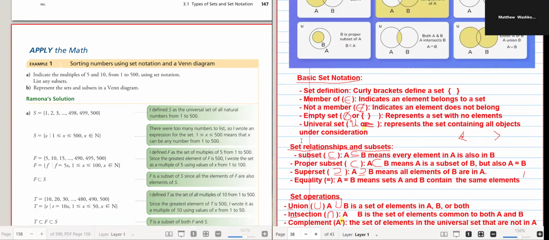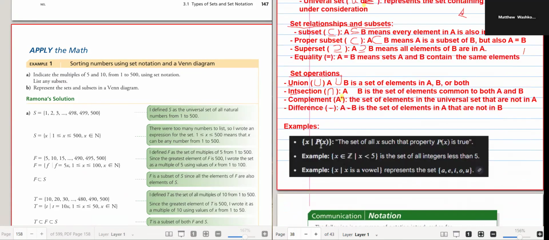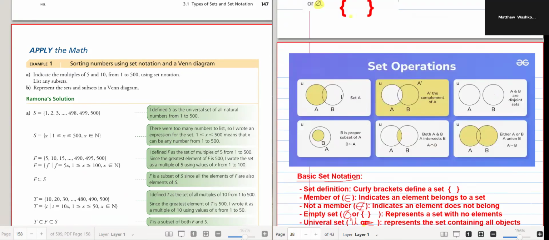For example, using these fives, tens, and 100s, set A might be our fives and these might be our tens. If I give you the number 20, it works out for this first example, because it is both a member of 5 and a member of, well, actually, I'm not going to go there yet.